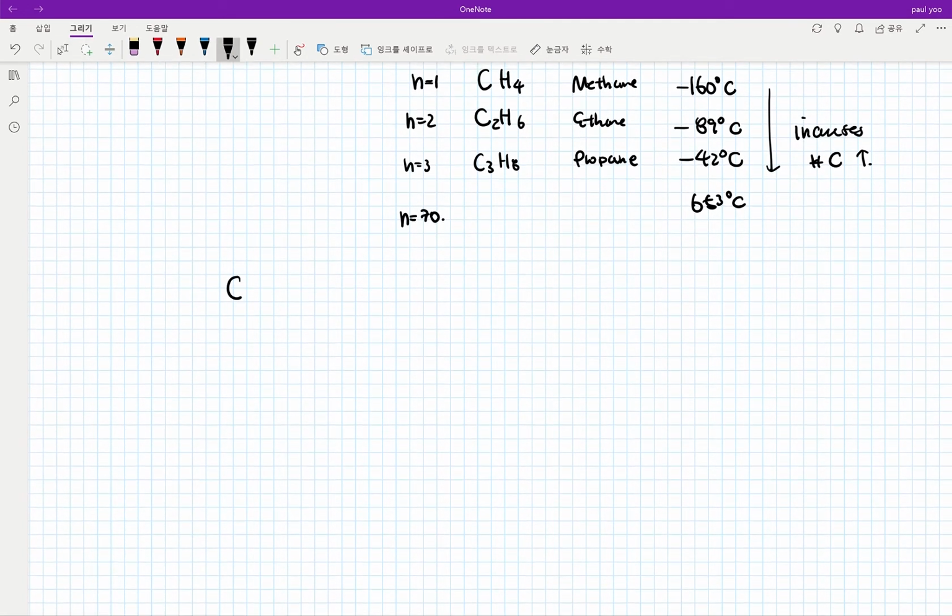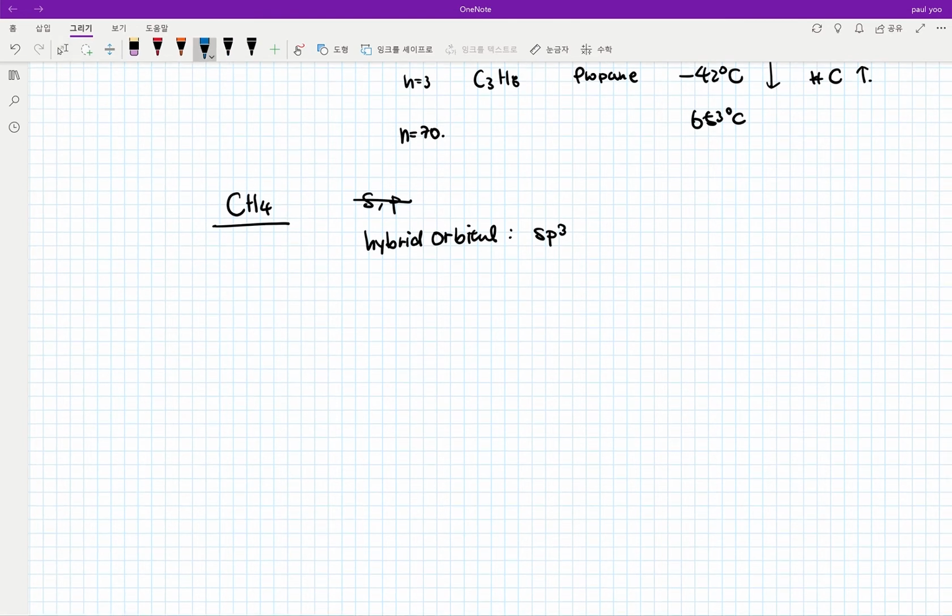Instead of having an s orbital and also p orbitals, CH4 has a special new type of orbital called a hybrid orbital, and specifically CH4 has hybrid orbitals named sp3 orbitals. This is a combination of 4 electron bondings, 1 from the s shell and 3 from the p shell.